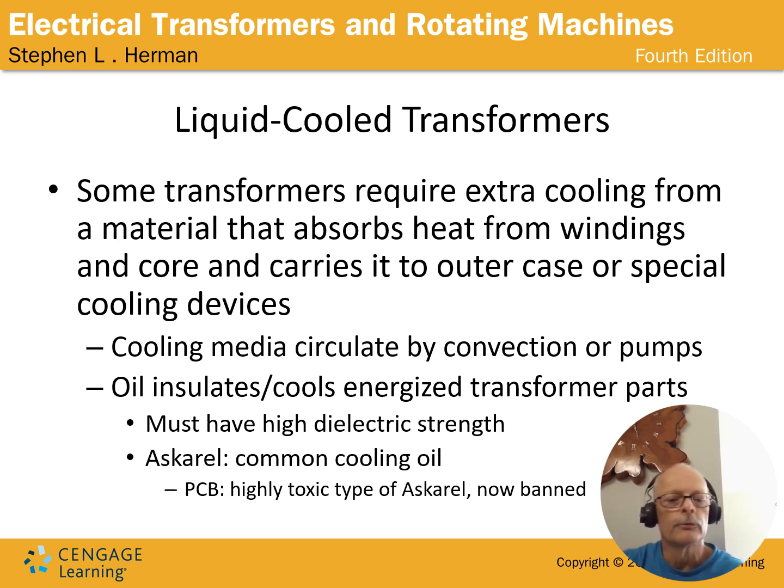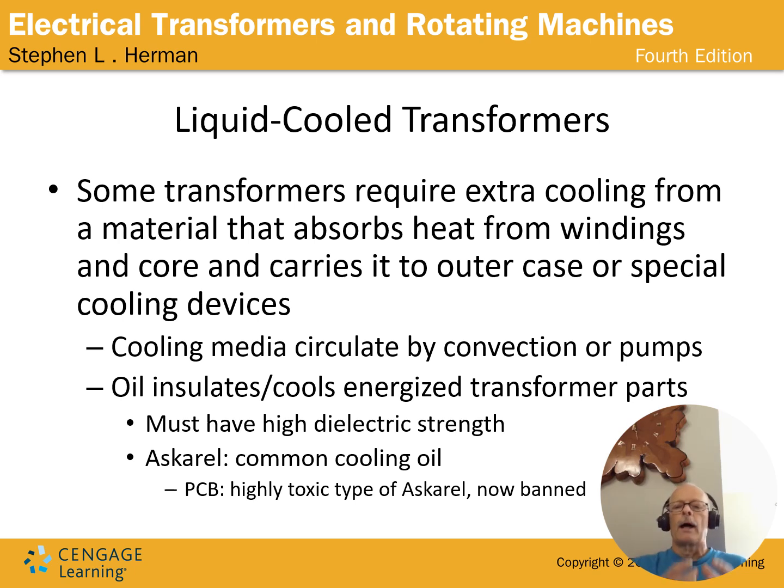Liquid cooled transformers. In some of these transformers, they require extra cooling from materials that absorb the heat from the windings, carry it away quickly, and move it. Sometimes this circulating media is circulated by convection, just like the air.